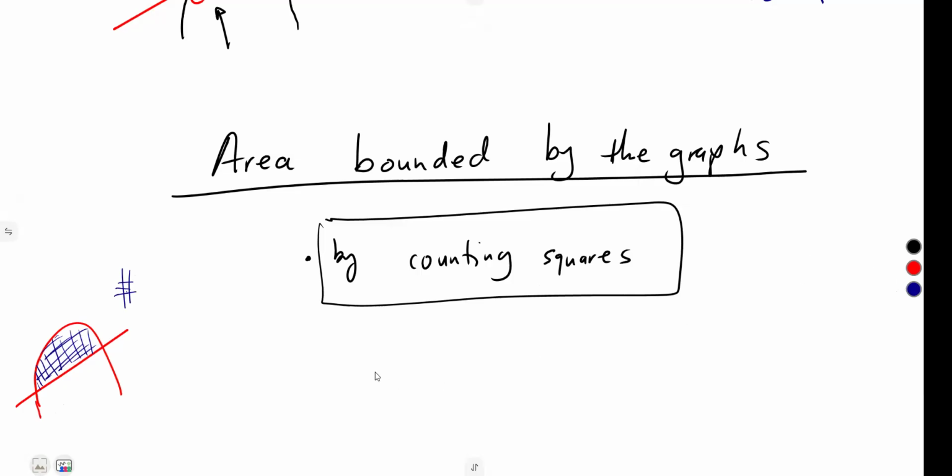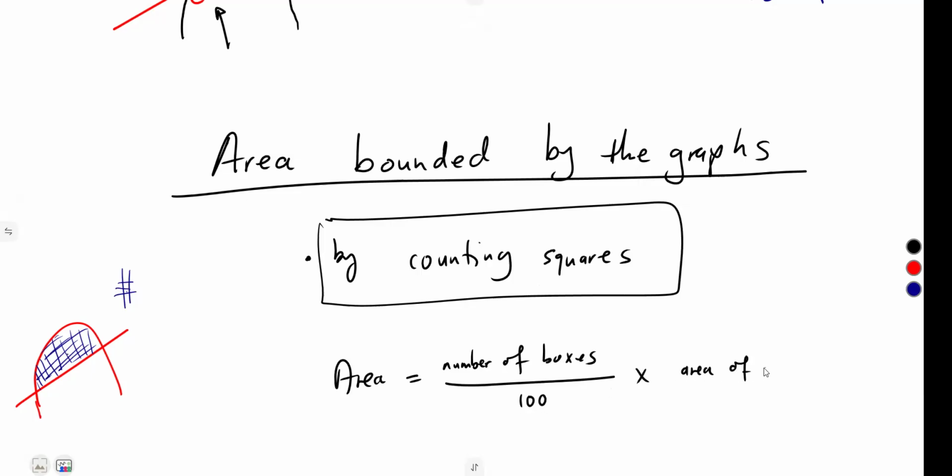So the area will be given from the number of boxes that you counted. It will be the number of small boxes over 100 times the area of a unit square.